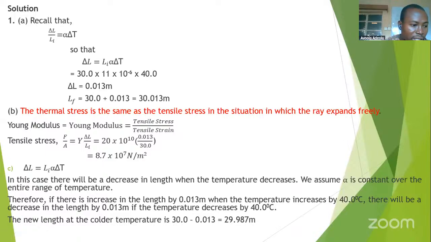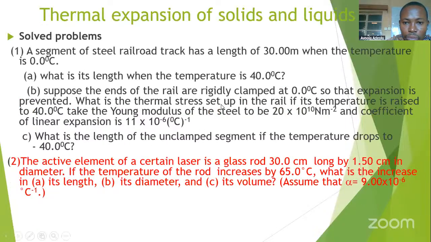Then question C is saying, what if the temperature drops by 40 degrees? That is, the temperature reduces to minus 40 degrees. So the process is still the same as the first process. Let's go back to the question.